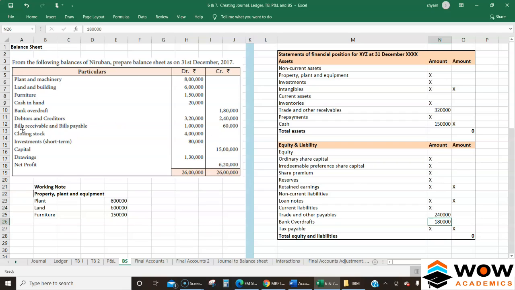The next item is bills receivable and payable. Again they have one more number. Receivable is 1 lakh, so we'll add it with this number itself. So it comes to 4,20,000. I think in bracket we will show it as 3,20,000 plus 1 lakh.